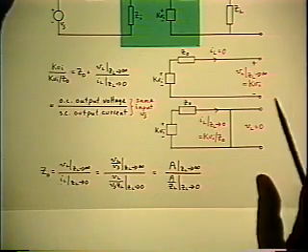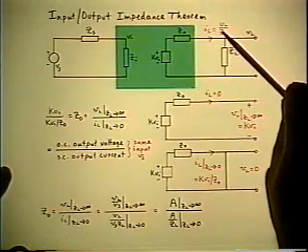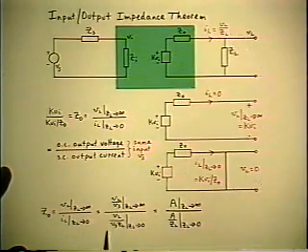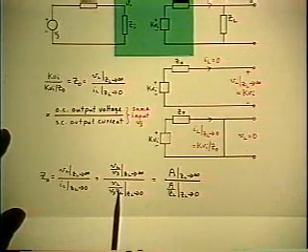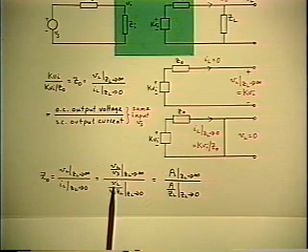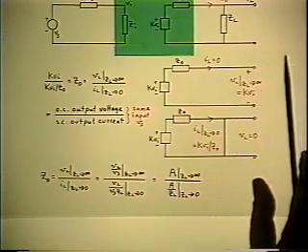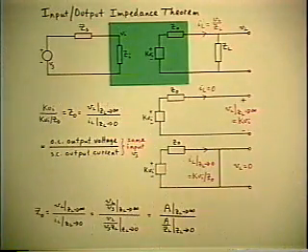IL, in general, is VL over ZL. That's where we started. So I make that substitution also in the bottom line. And what I've got now is I've got VL over VS in two different places, but VL over VS is the voltage gain that I already have solved for.